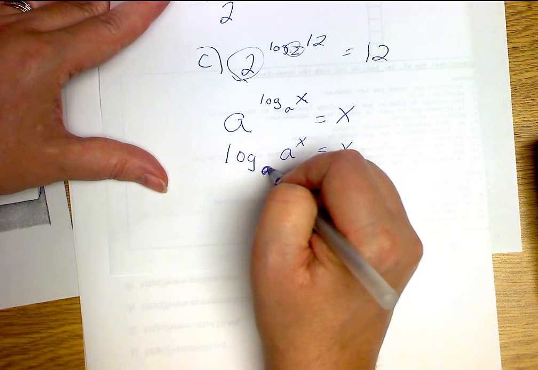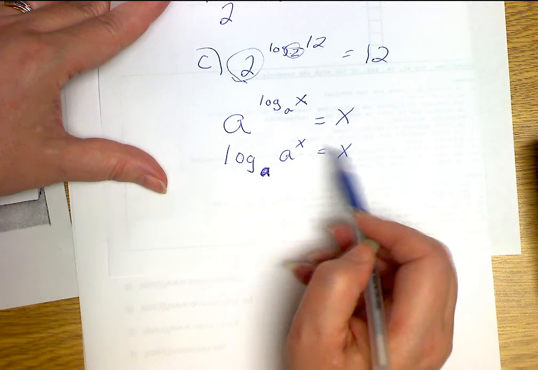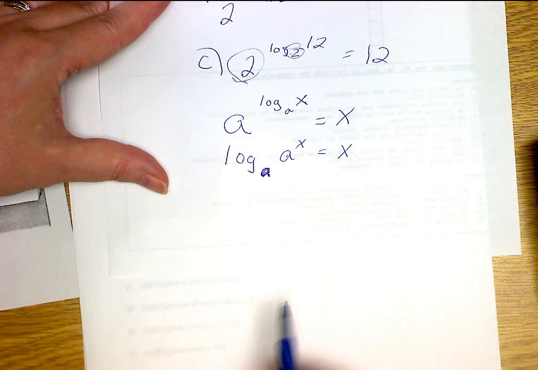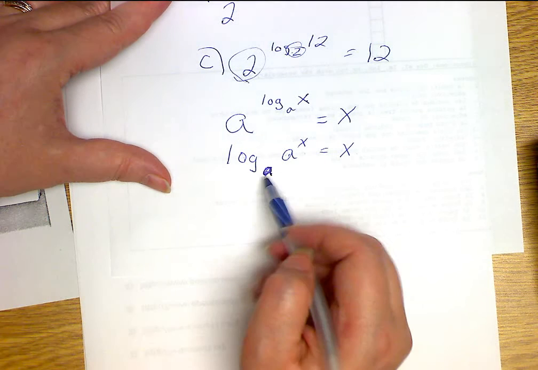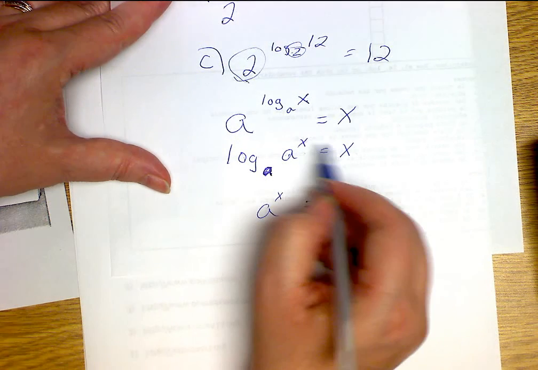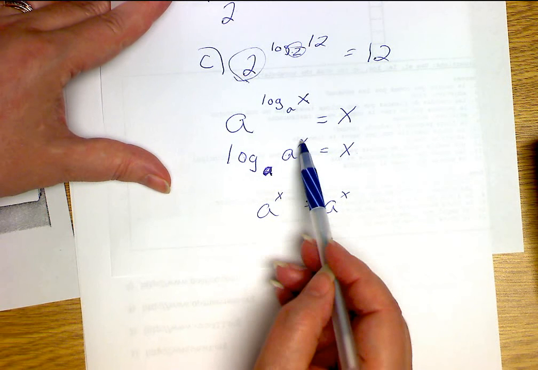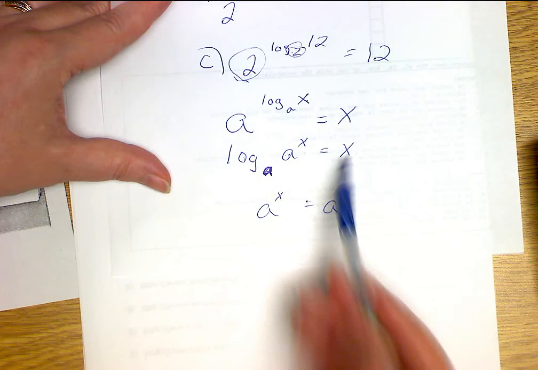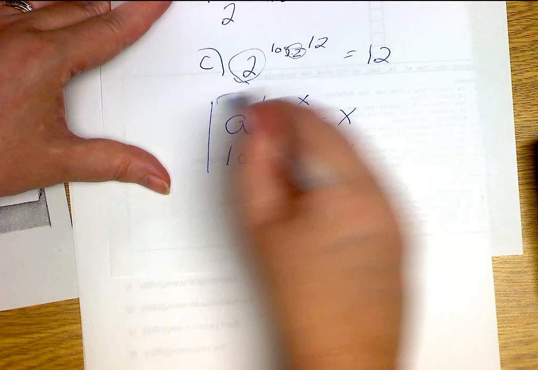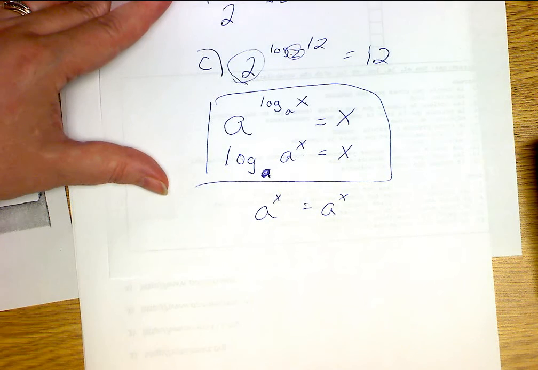That's because when you put it in exponential form, it would be a to the x is equal to a to the x, which obviously means the x's are the same. So as long as your bases are the same, if it's raised to something, it's also that. So this is the theorem that will work. But you can always put it in exponential form and you'll be able to see the answer. That's what we're doing today.